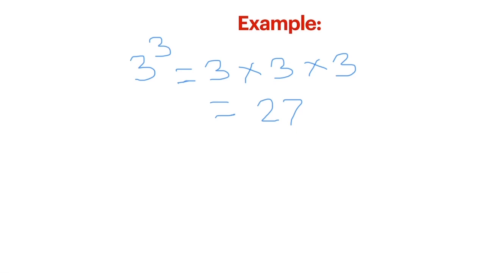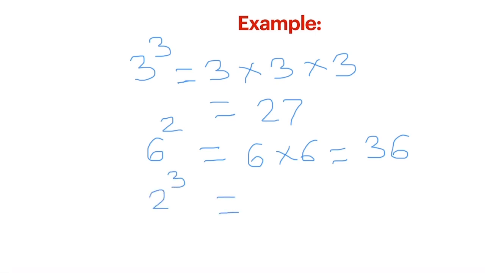Now let's try another example. 6 to the power 2 equals 6 times 6 equals 36. One more example. 2 to the power 3 equals 2 times 2 times 2 equals 8.